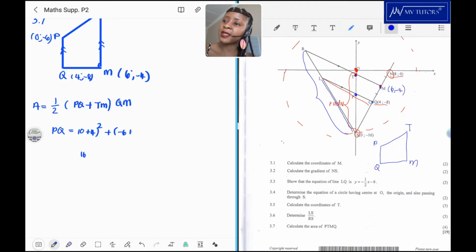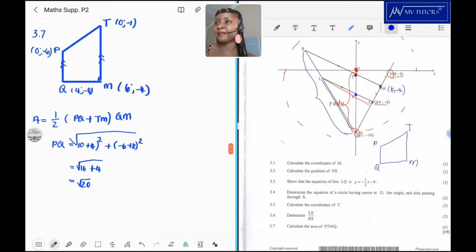So minus minus will become a plus, and that's squared. All of that is rooted. Minus 6 plus 8 is minus 2, so 2 squared is 4. And then our answer is root 20. So that is PQ.